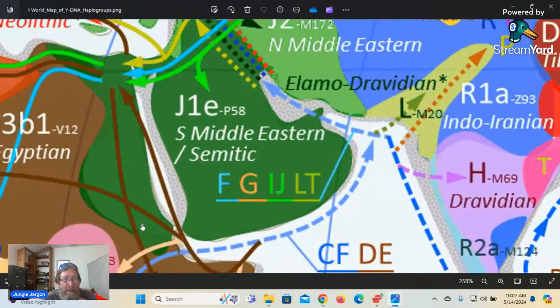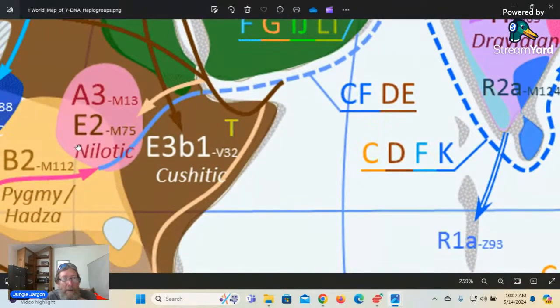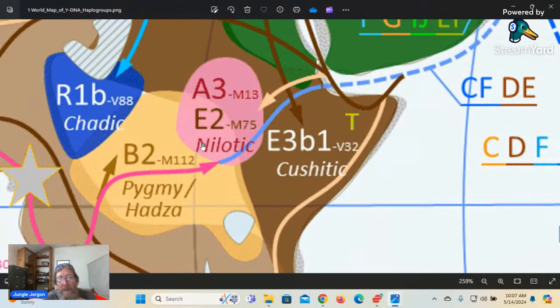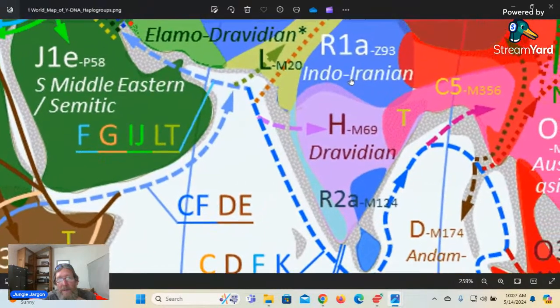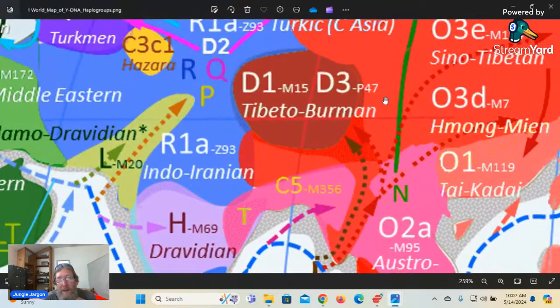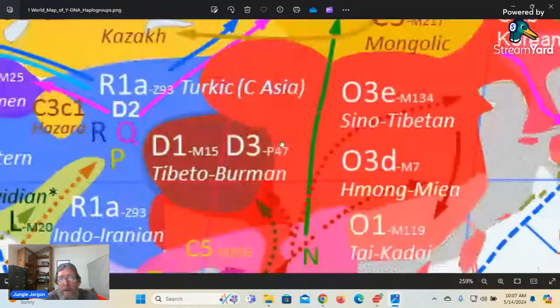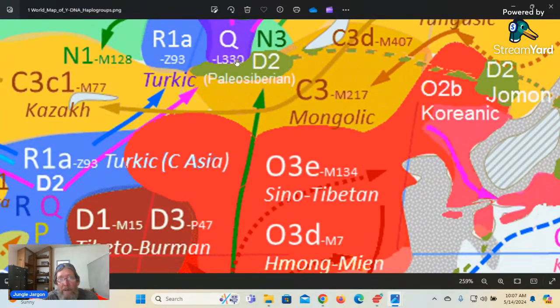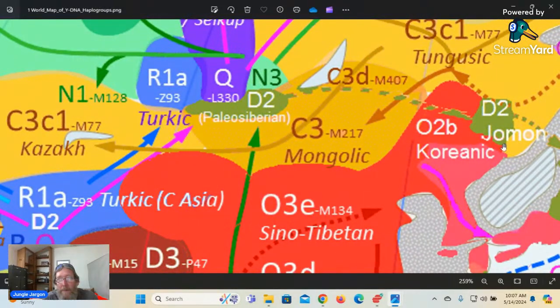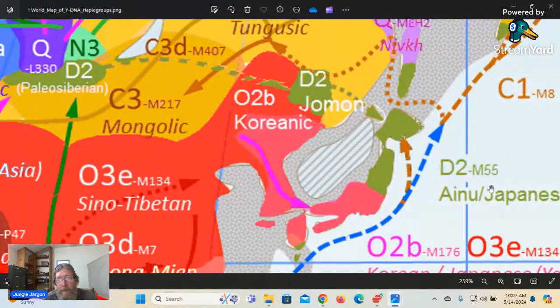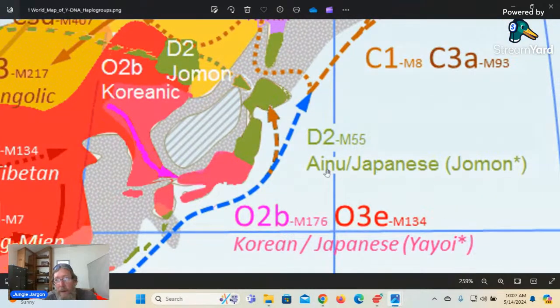And it makes sense when E2 is identified as the descendants of Canaan. It makes sense. So then you can have the son of Canaan, which is Sin, with a tribe of Sinim, being the Sino-Tibetan D1 and D3, etc. And of course, the D went all the way to Japan, where you have the Ainu Japanese, Jomon.